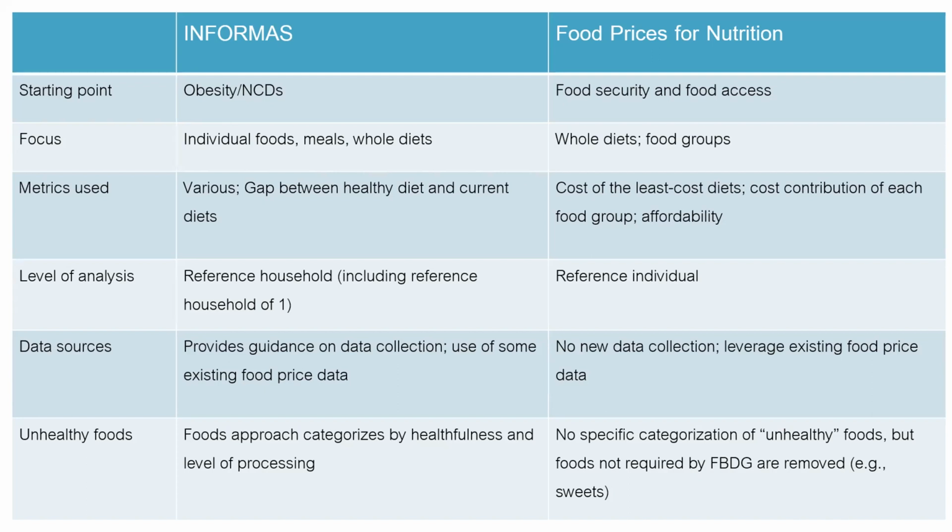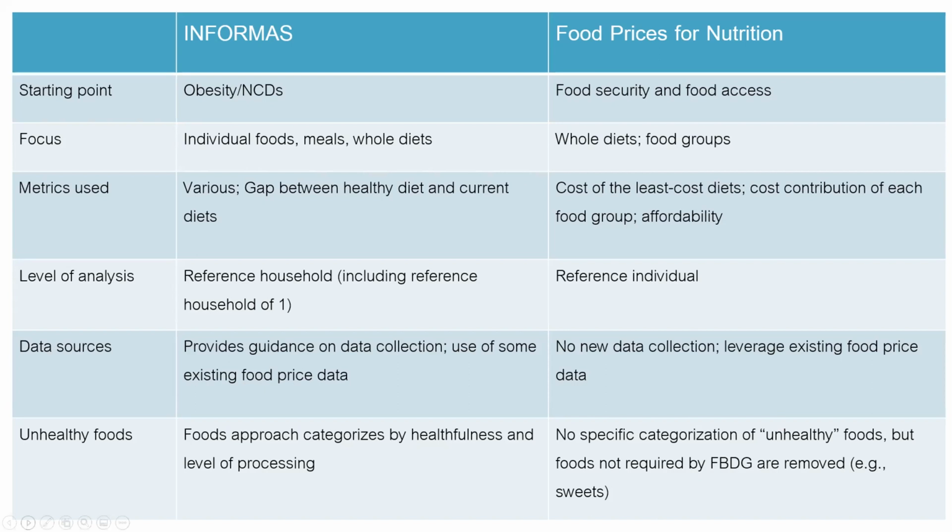The way that those would show up is if you're doing a comparison of the least cost diet to current diets, looking at, for example, consumption data from an income and expenditure survey or household survey data.